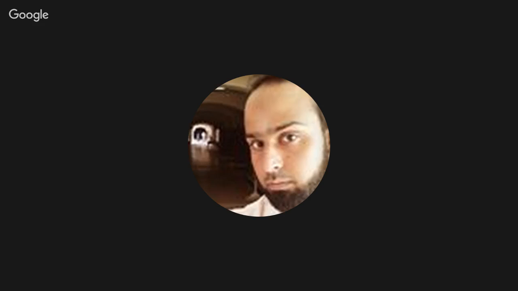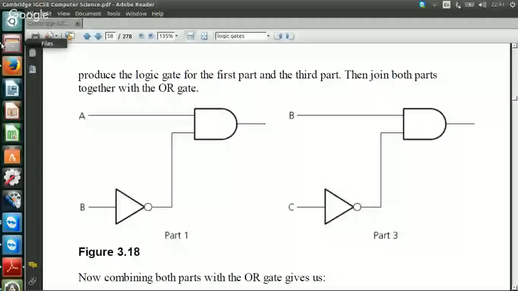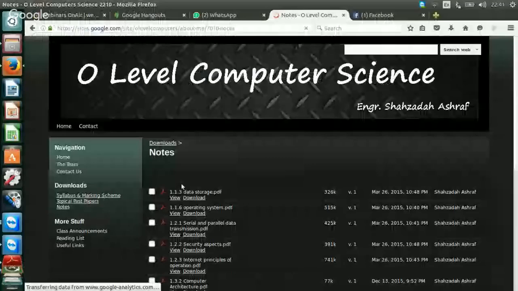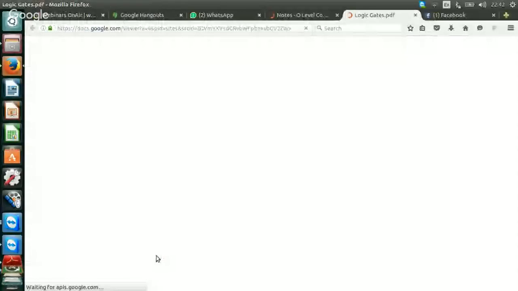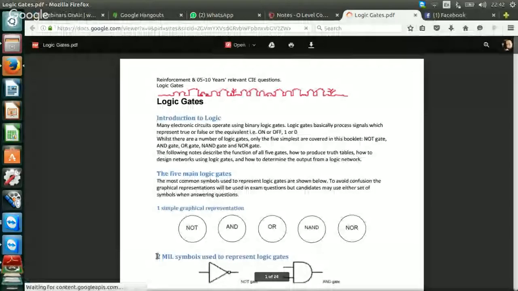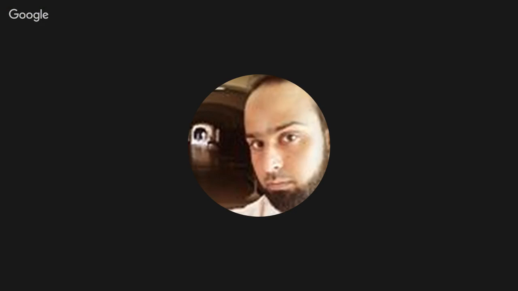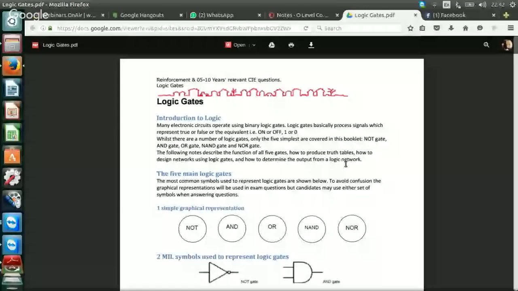Logic gate. There we go. Perfect. So you can also refer to these notes. These are well-made notes, everything is there.